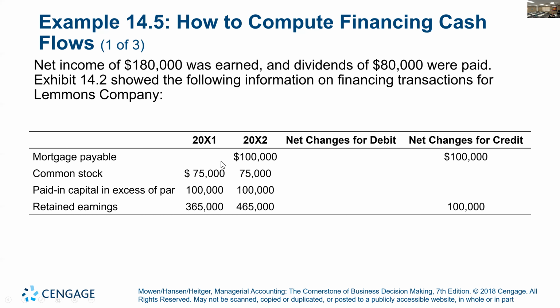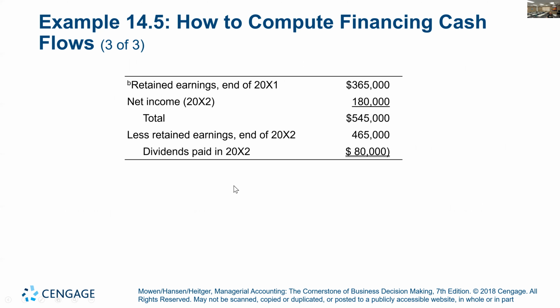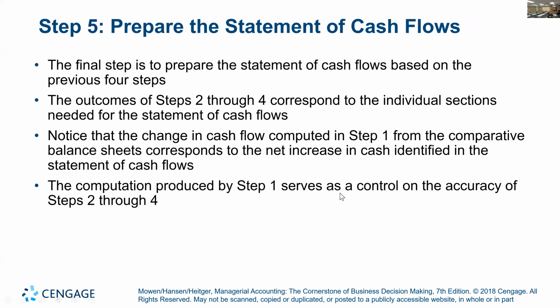All right, so that means we borrowed money. So we got cash inflow of $100,000. And then we paid out dividends by doing that formula there that I told you, retained earnings plus your income, less your dividends gets you your ending retained earnings, okay? So they just put it up there in a different format.